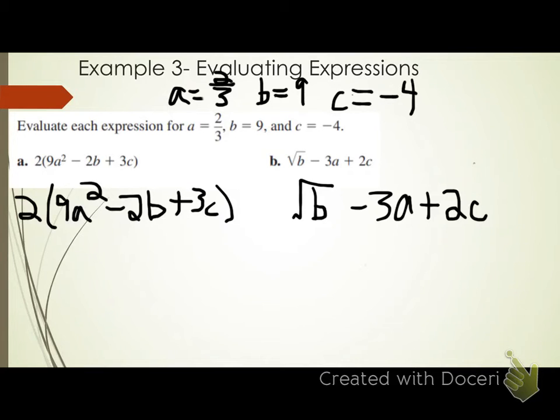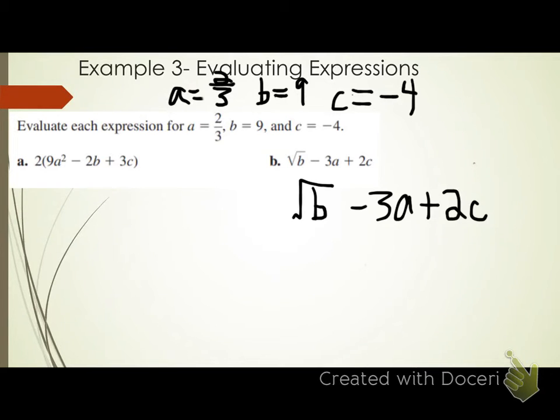I'm going to erase my problems so I have some more room to work with. So same concept, right? In my expressions, anywhere I see an a, I replace it with 2/3. Anywhere I see a b, replace it with 9. c, negative 4. So I'm just going to rewrite my expression, replacing my variables with their given values.